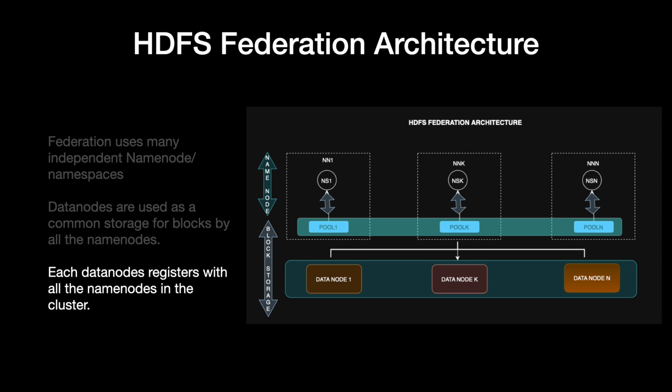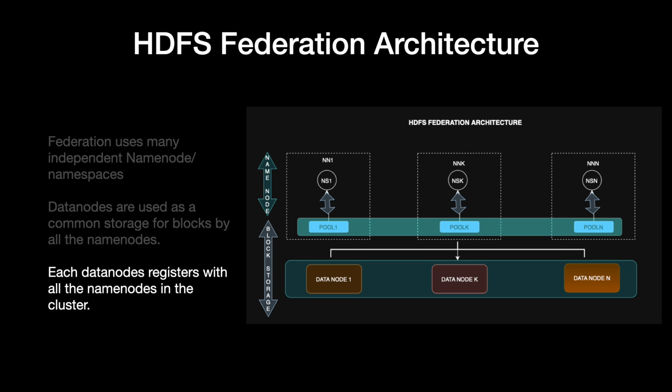Each namespace has its own block pool: NS1 has pool 1, NS2 has pool 2 and so on. Blocks from pool 1 are stored on data node 1, blocks from pool 2 are stored on data node 2 and so on.